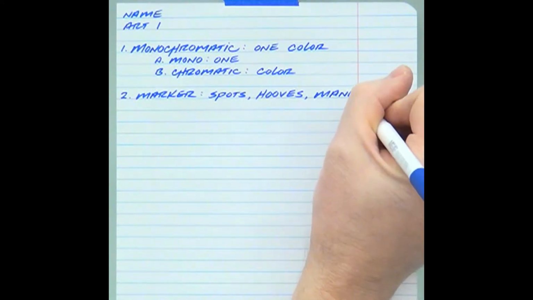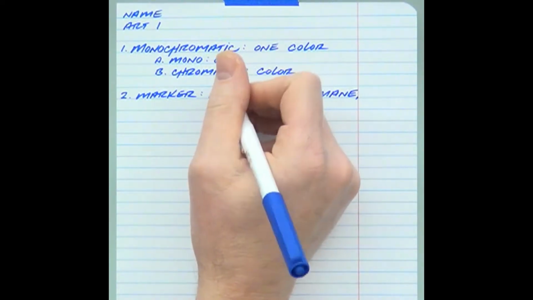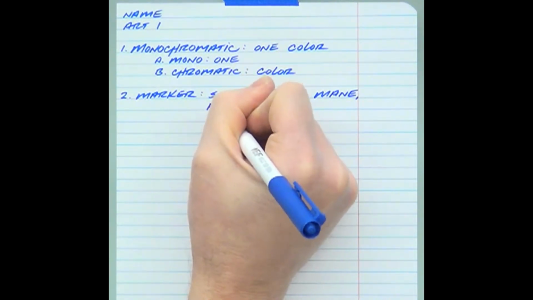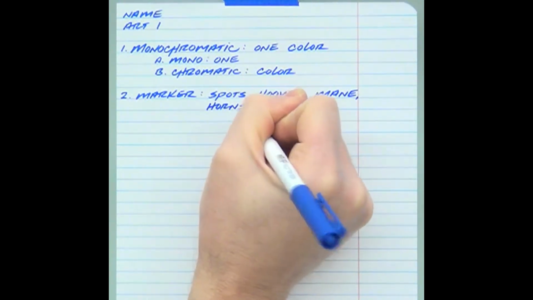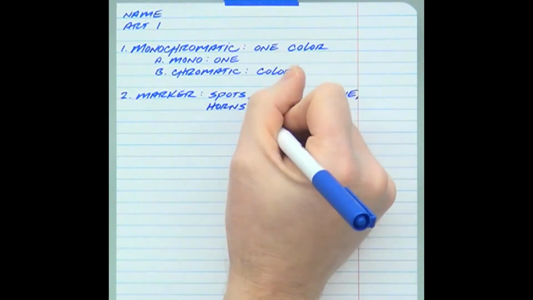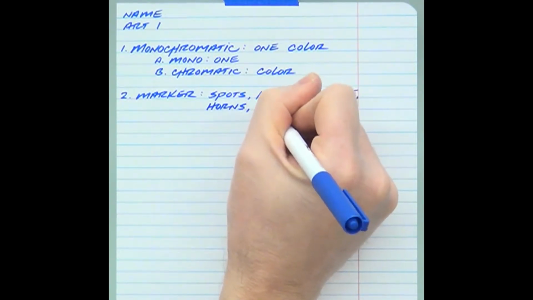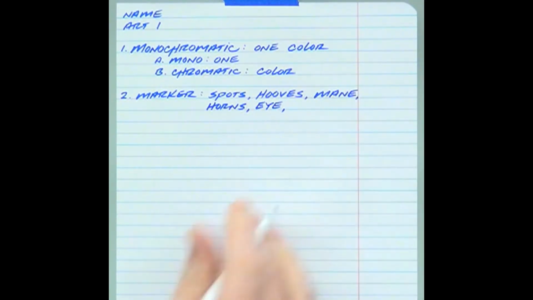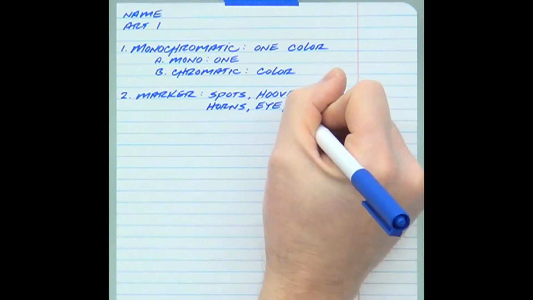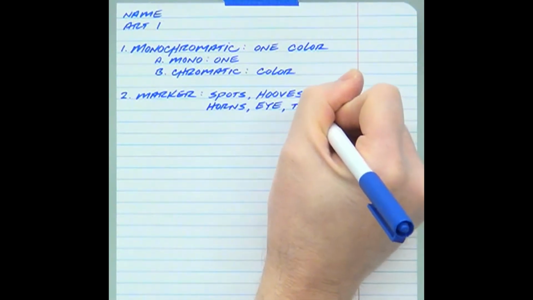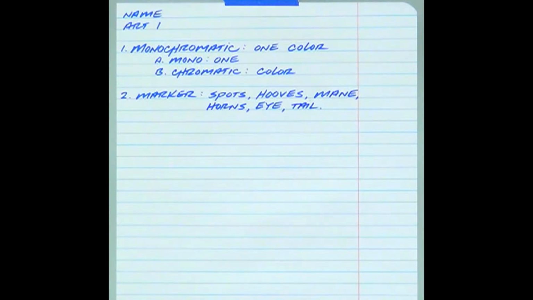neck. Comma, horns, comma, eye, and the last one, tail. So, those are all the places that I want you to use your markers on.